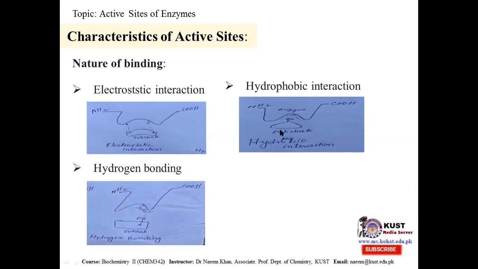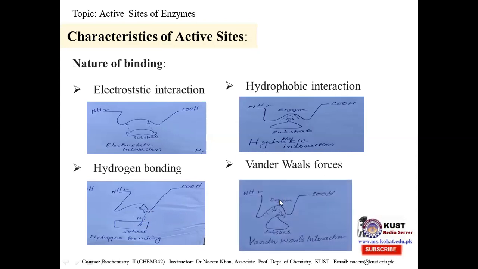Third is, sorry, this was the hydrophobic interaction. In the hydrophobic interaction, the water loving groups come and link the substrate with the enzyme. The third is hydrogen bonding, where the lone pair of electron rich species with a more electronegative group and the electron deficient hydrogen of the other molecule get attached.